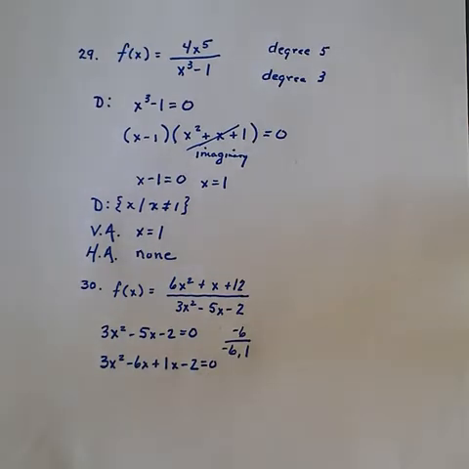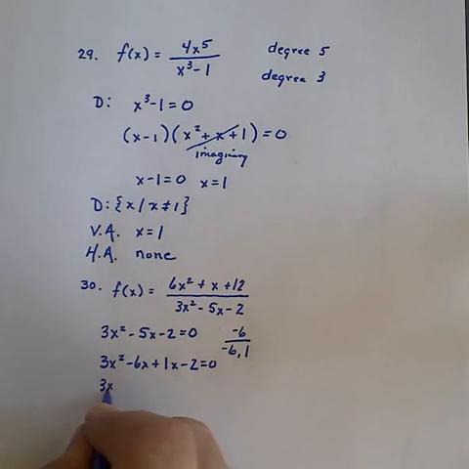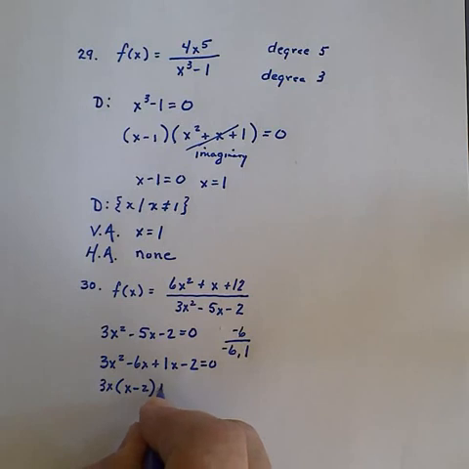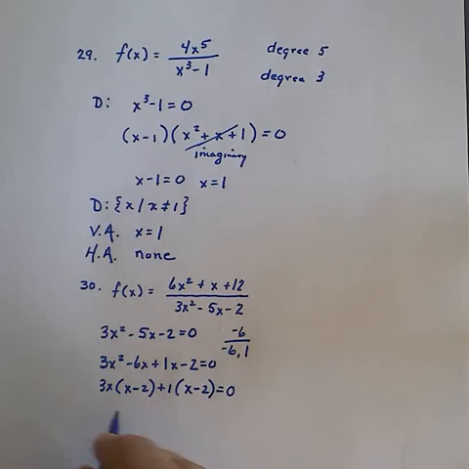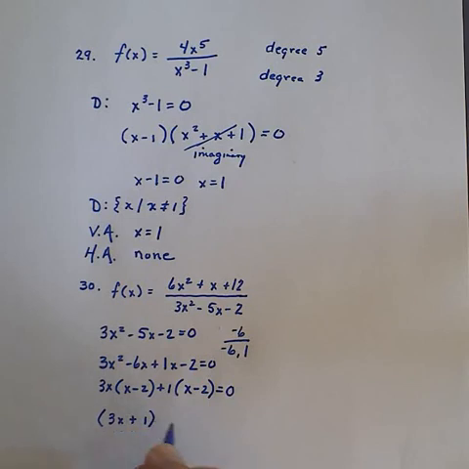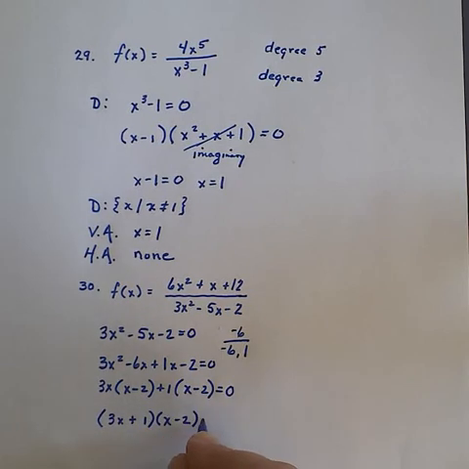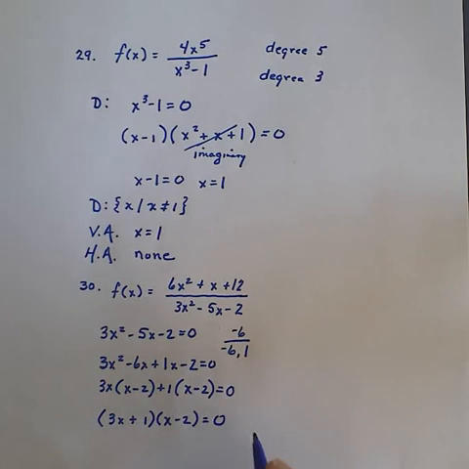I'm going to factor a 3x out of the first two terms. That leaves x minus 2. I'm going to factor a 1 out of the last two. That's x minus 2 again. So I get 3x plus 1 and x minus 2 as my two expressions. Then I want to set each one of those equal to 0.